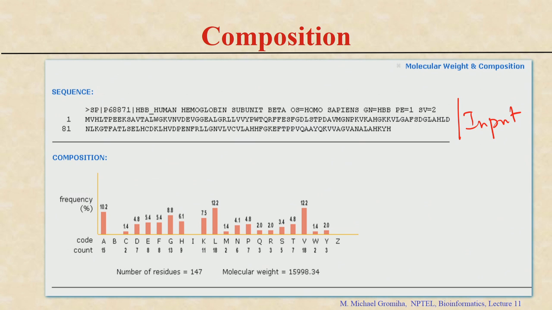Here is your sequence occurrence as well as the composition. So you get the 20 amino acid residues here. As I showed earlier, alanine occurs 15 times and the composition is 10.2%. You get the sequence on the x axis and on the y axis you get the composition. For any sequence, you just paste the sequence and you get the data.